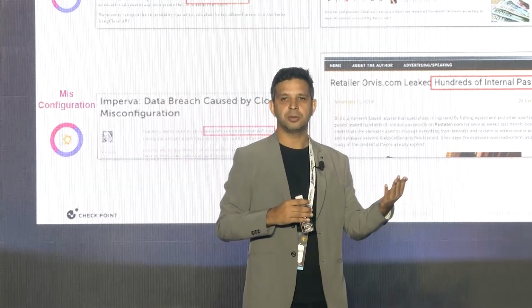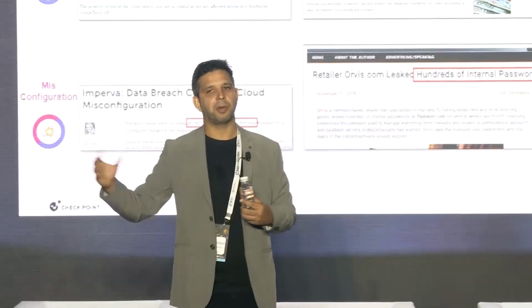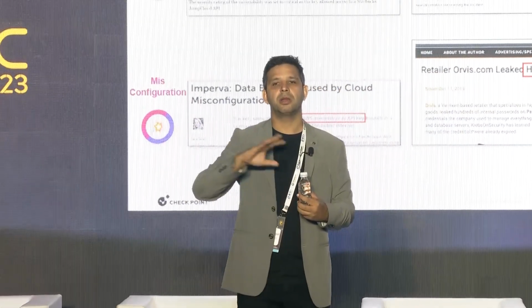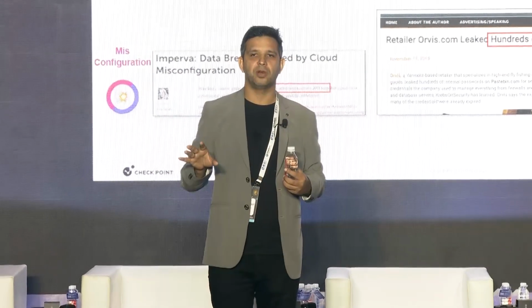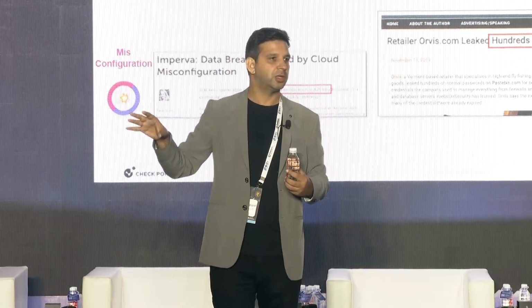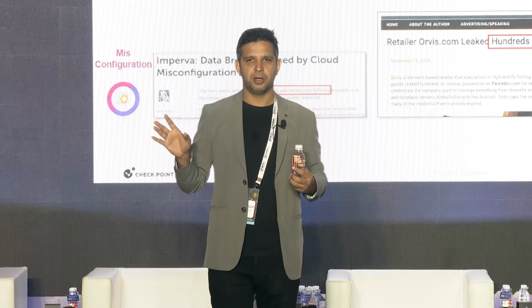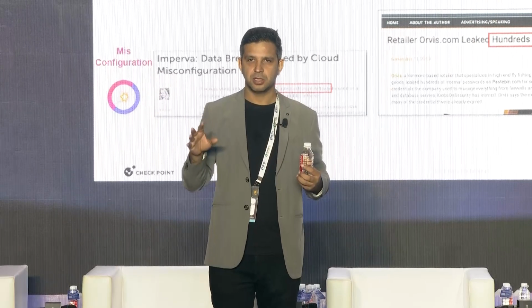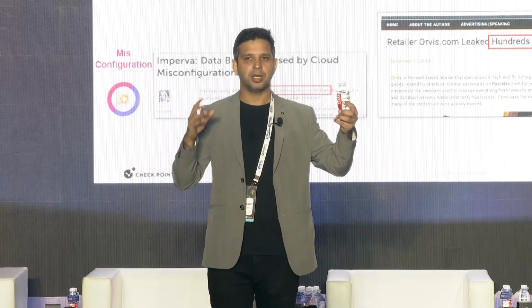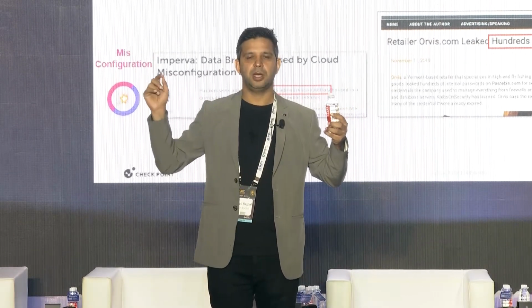The code is completely clean. But the moment you go to the compiled version, which is a binary, the rarest of skill sets on this planet, nobody will go and disassemble that binary to verify whether there is a backdoor in it or not. Which means something wrong has happened during this build process, starting from code, getting compiled, getting built, and then getting converted into a final binary version.